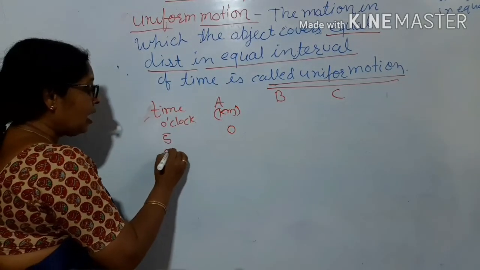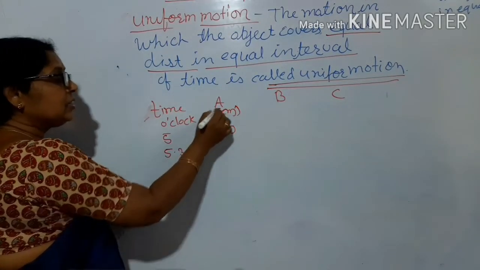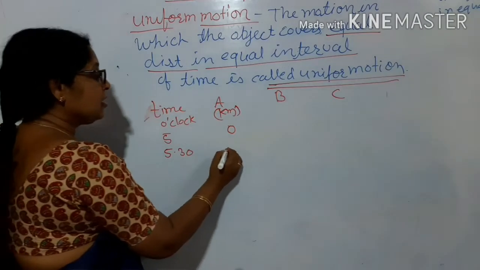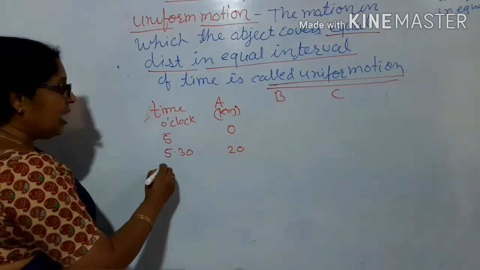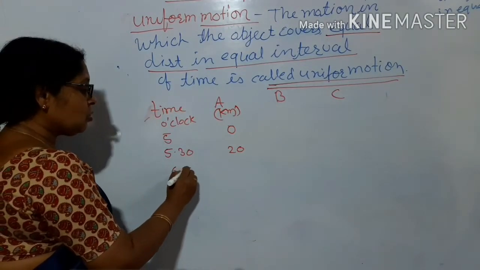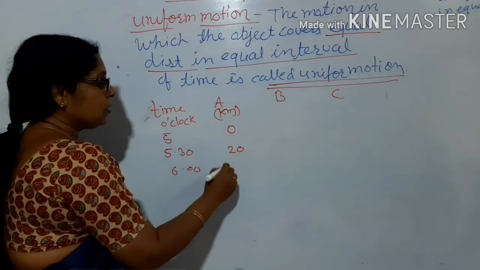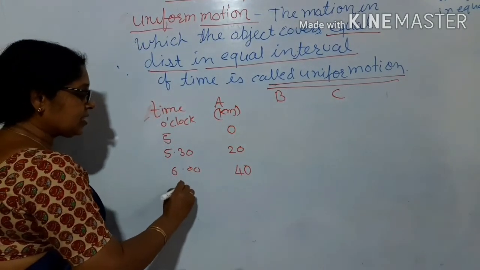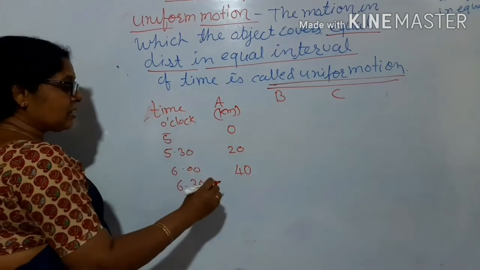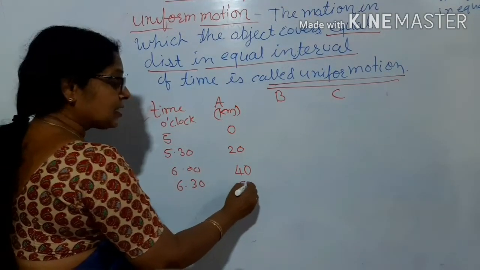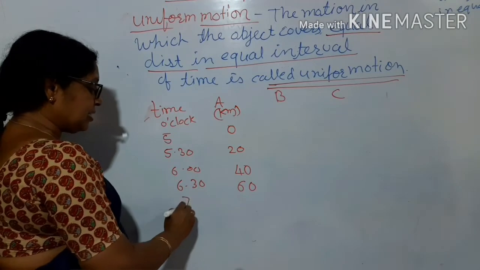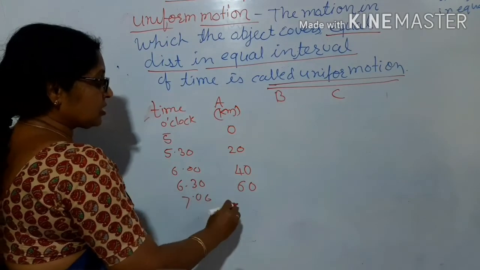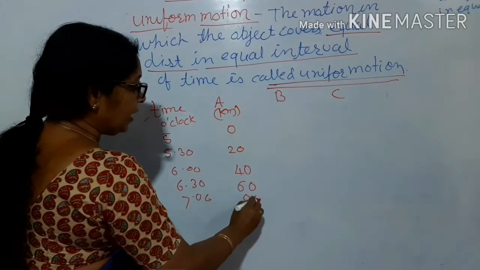Then at 5:30, the A person covers 20 kilometer, and at 6 o'clock this person completed 40 kilometer, and 6:30 this A person completed 60 kilometer, and 7 o'clock this person completed 80 kilometer.